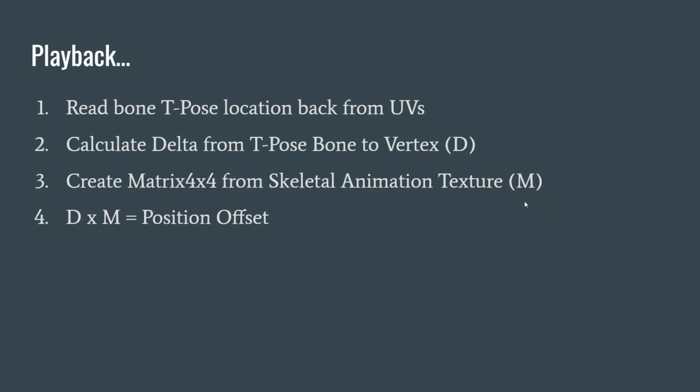We'll call this matrix 4x4 M, and we'll call the offset of the vertex from the bone D. If we apply this matrix to the offset of our vertex from the bone, we'll get the world position offset for our vertex. And we can plug that directly into our Unreal Material world position offset.